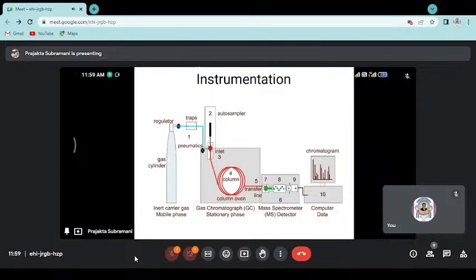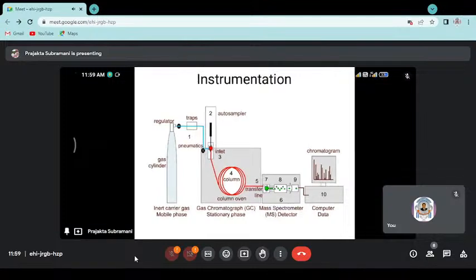So the regular requirements of gas chromatography are the carrier gas, flow regulators, pressure regulators, and the column oven.